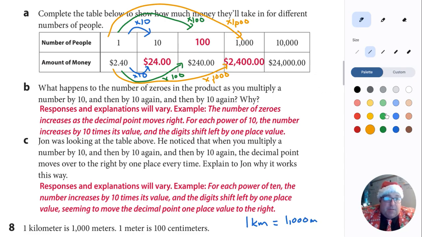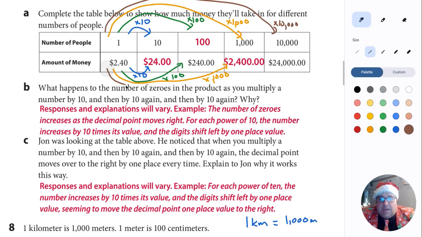And then finally, we got to multiply by 10,000. However many zeros there are, that's how many times we're moving our decimal. Since there are 4 zeros, we're moving it 4 times. So 1, 2, 3, 4.